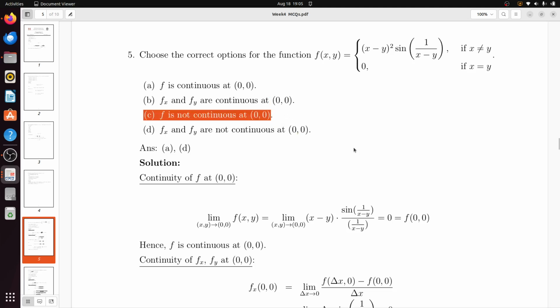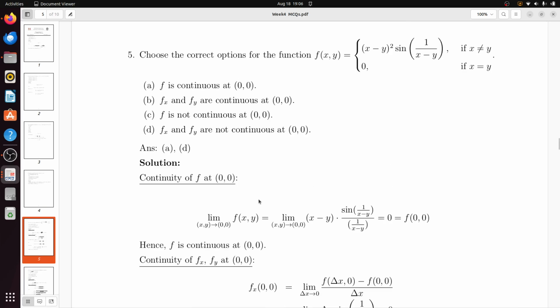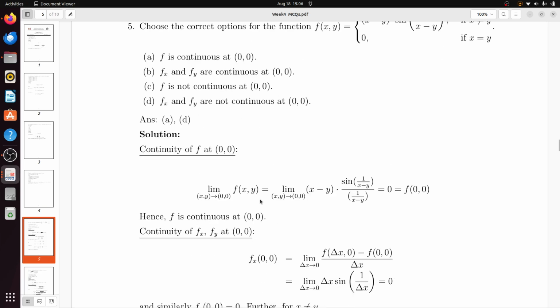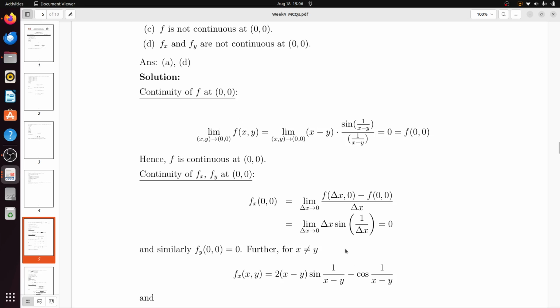So now we need to check the continuity of fx and fy at (0,0). How to check? First determine fx(0,0). So fx(0,0) is the limit as delta x tends to 0 of f(delta x, 0) minus f(0,0) divided by delta x.